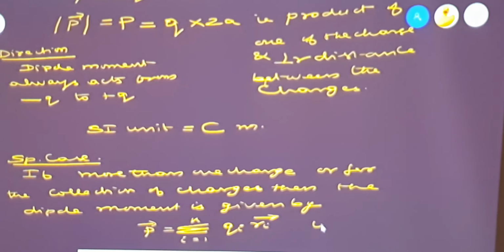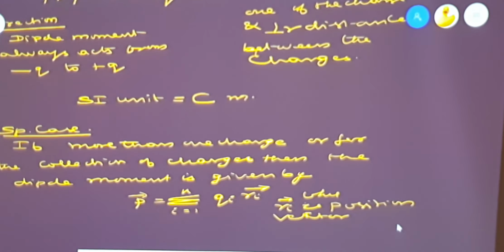Ri vector is the position vector of the charge Qi with respect to the origin, or we can write, from the origin.